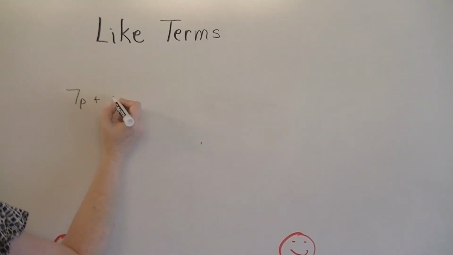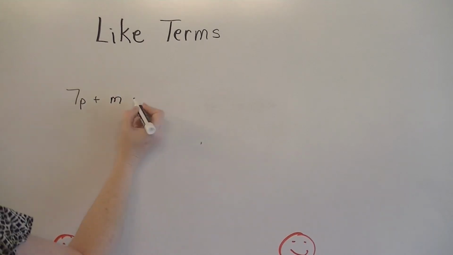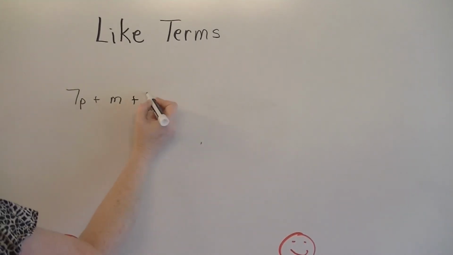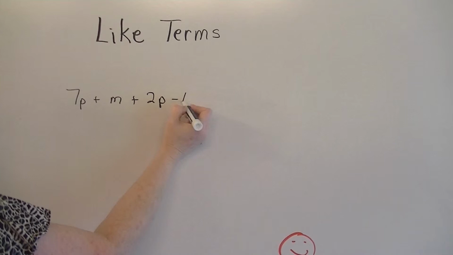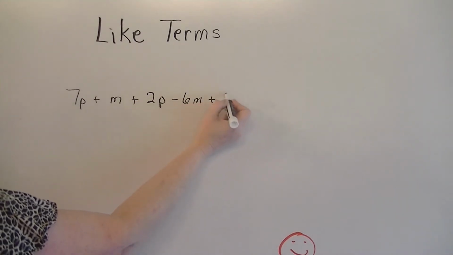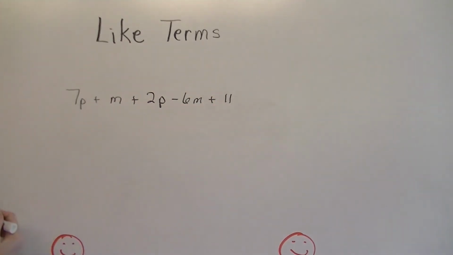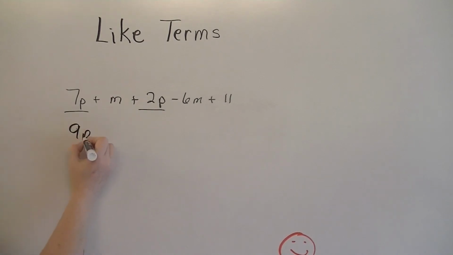Let's try one more. We had 7P plus, we'll put an M in this time, 2P minus 6M plus 11. Alright, so first I'm going to focus on my P variable. So I have 1 here and 1 here. They're both positive, so I combine those.